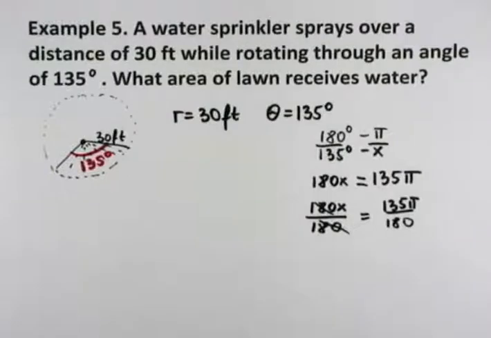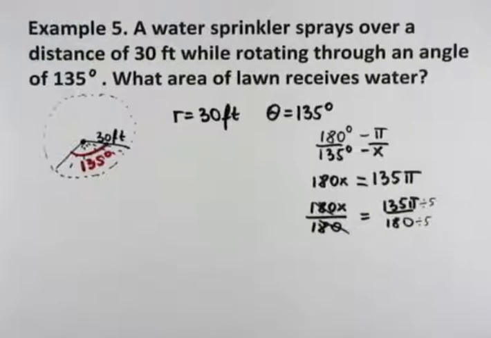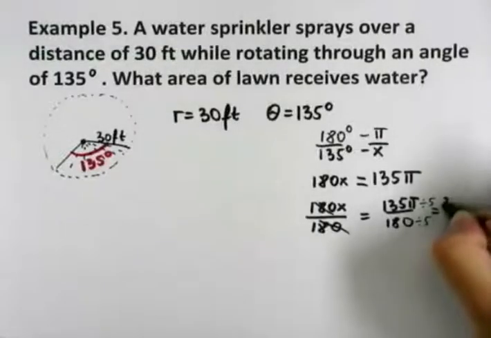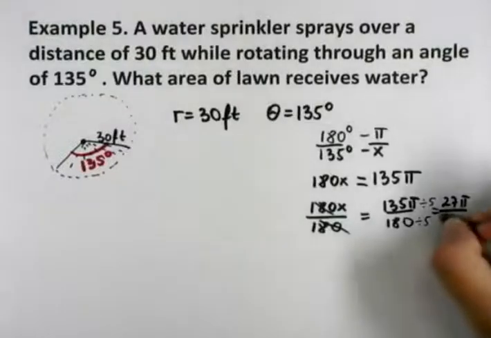This can be reduced by 5, giving 27 pi over 36.